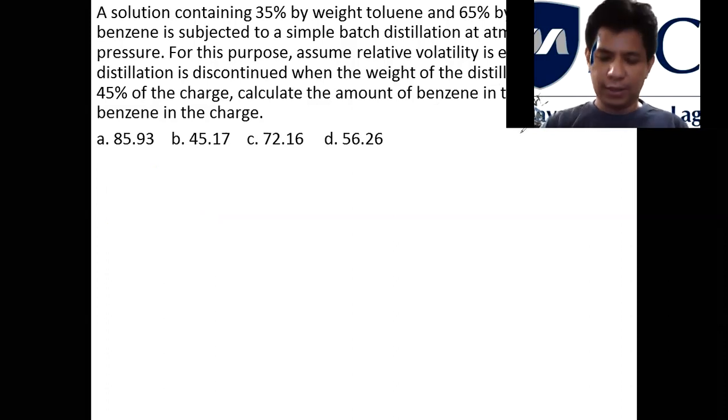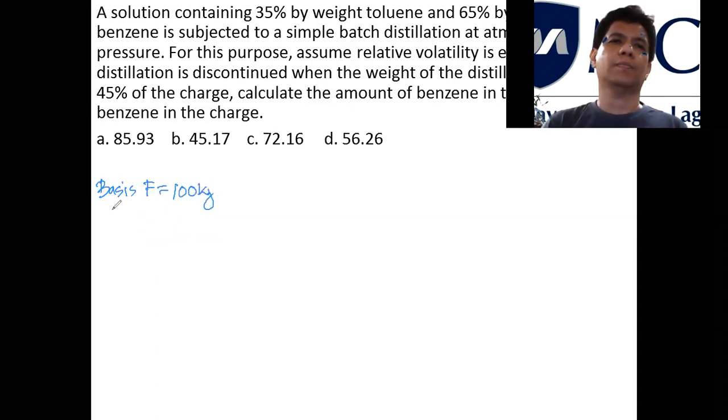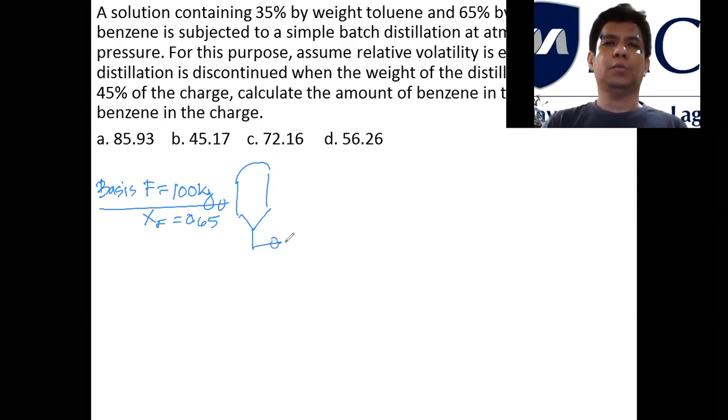Okay, so first let's try to draw the system. We're going to use 100 kilogram as our basis. So this enters our still, and its concentration is 0.65. Then we don't know the amount of waste and the concentration of waste.